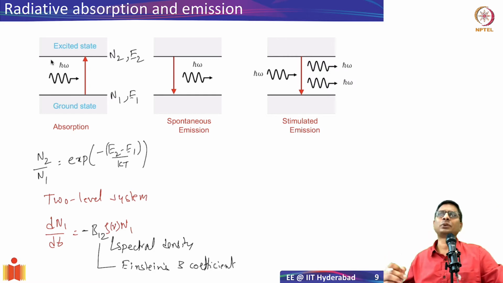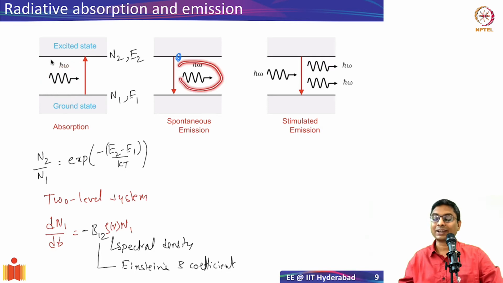So essentially, a photon is exciting an electron from the ground state to the excited state. Now, you can have another scenario wherein, let's say, an electron is already present in the excited state somehow. Now, that electron can actually emit a photon and come down. In the first case, we have absorption of photons. In the second case, I can have an emission of photons, and it doesn't need any stimulus. So we call it a spontaneous emission process, wherein it just automatically releases a photon and then comes down.